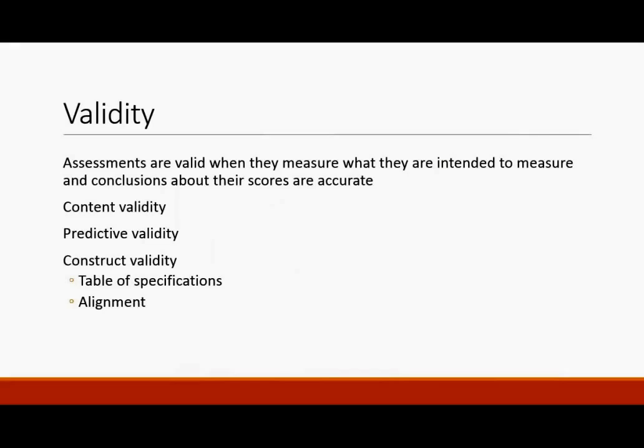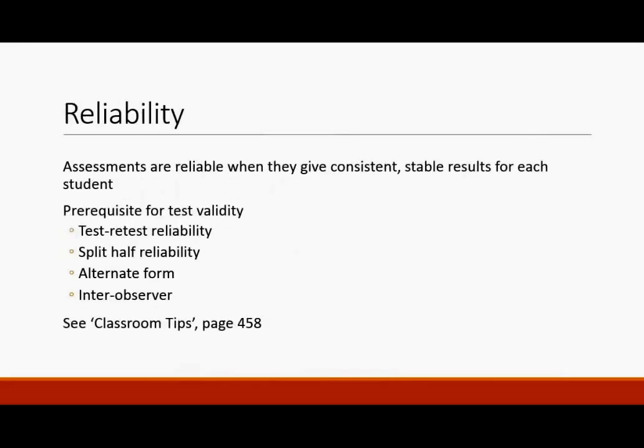So other tests that are on the same subject, would it predict a similar score on those tests? And then construct validity. We might have a table of specifications and alignment to make sure that everything is measuring sort of the same thing. We look at reliability, which is sort of the sister to validity.